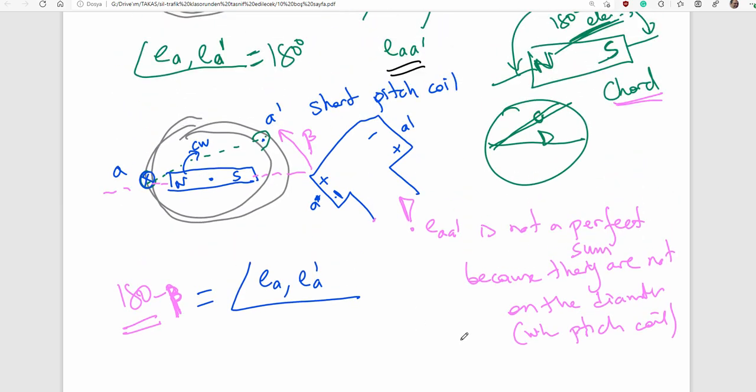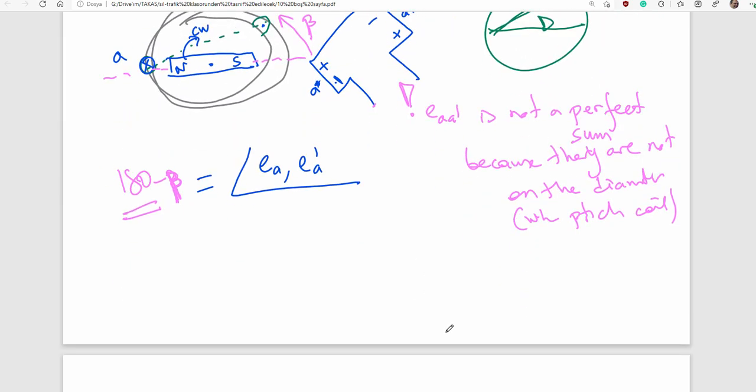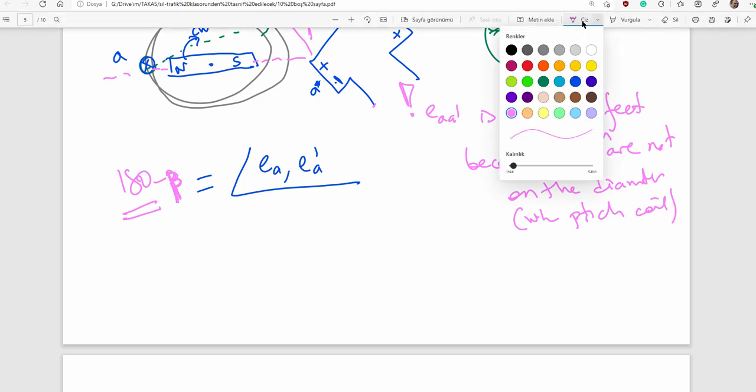What does it mean? It means, take care, I should explain at once due to time constraint.